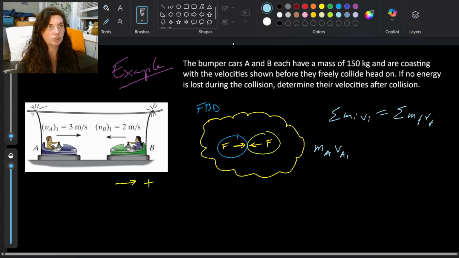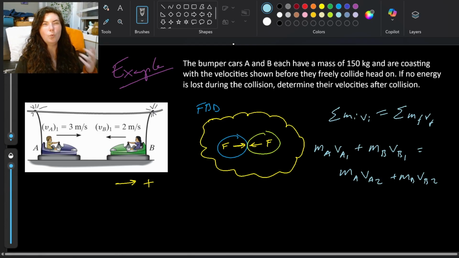mA vA initial plus mB vB initial equals mA vA final plus mB vB final. So now I've got two different velocities to contend with instead of just one, since they're not stuck together, which means I have two unknowns in this equation.